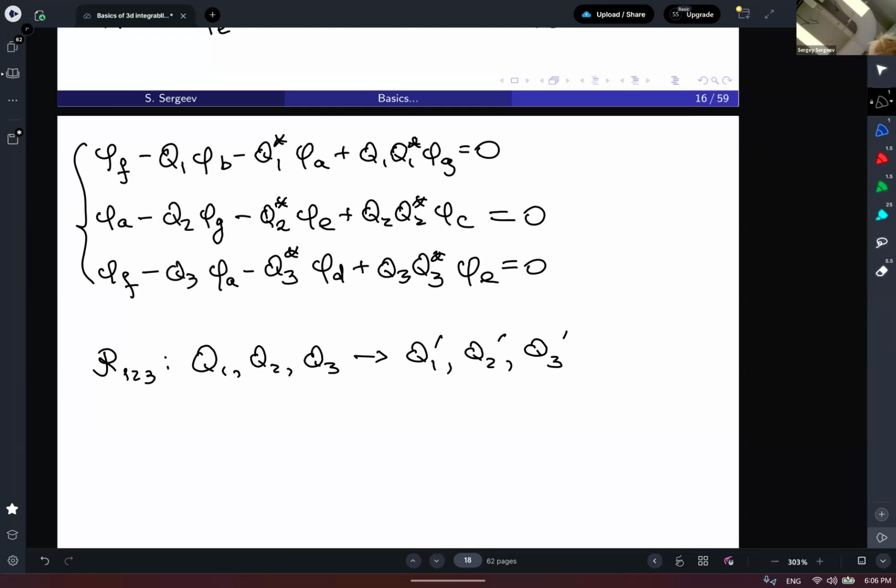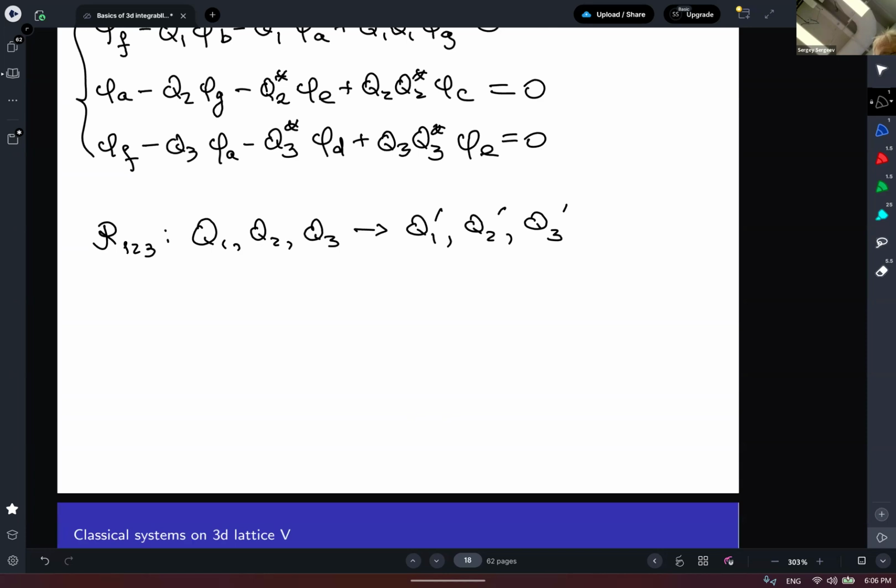And verify that for this map, if you impose brackets Q1 star equals Q1 star, like this, so that's a set of brackets explicitly corresponding to the Weyl algebra, then your map will be a canonical map.